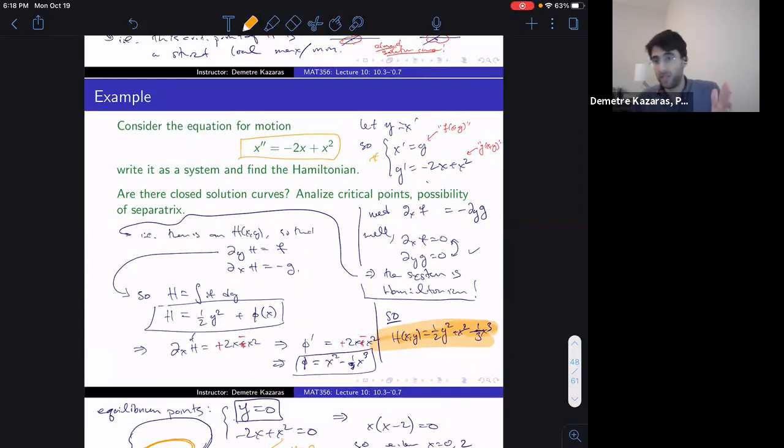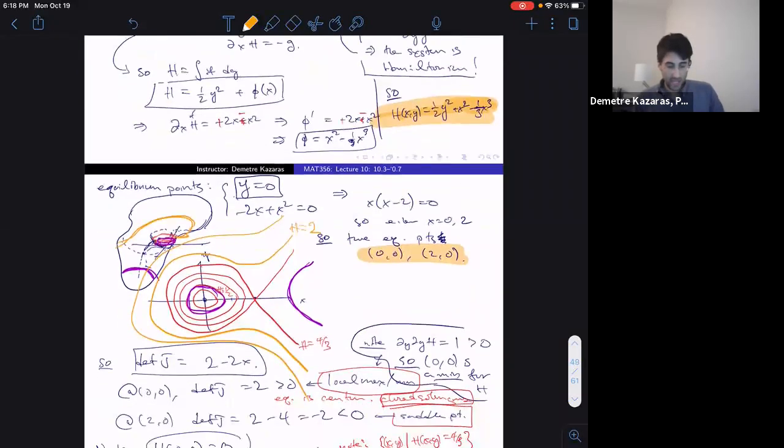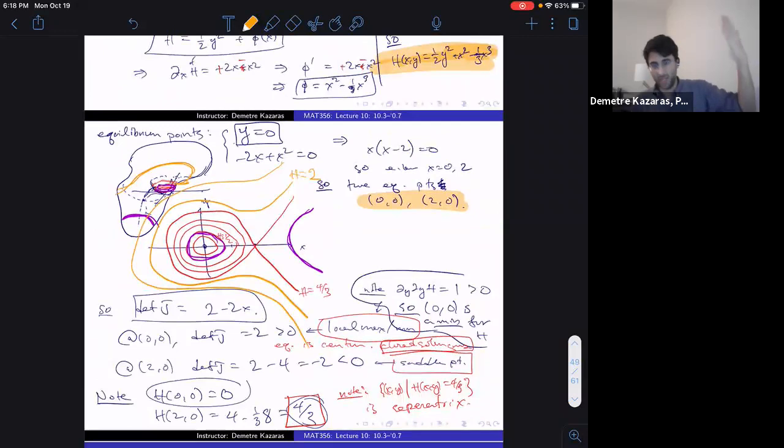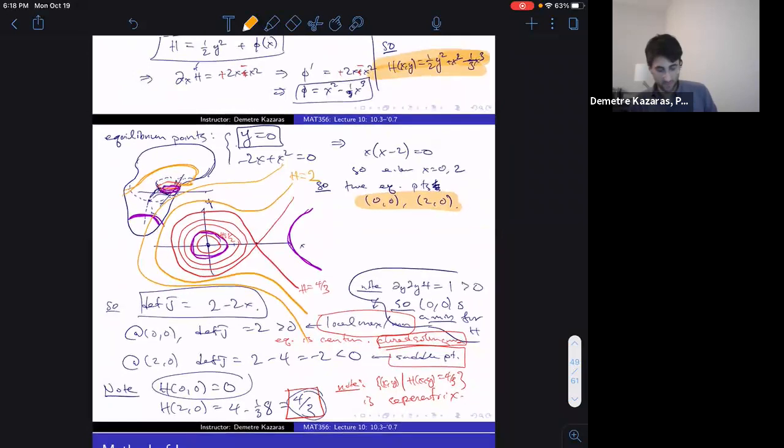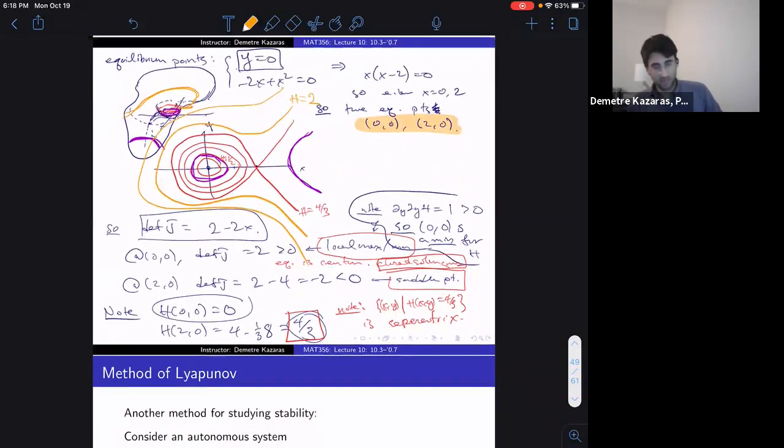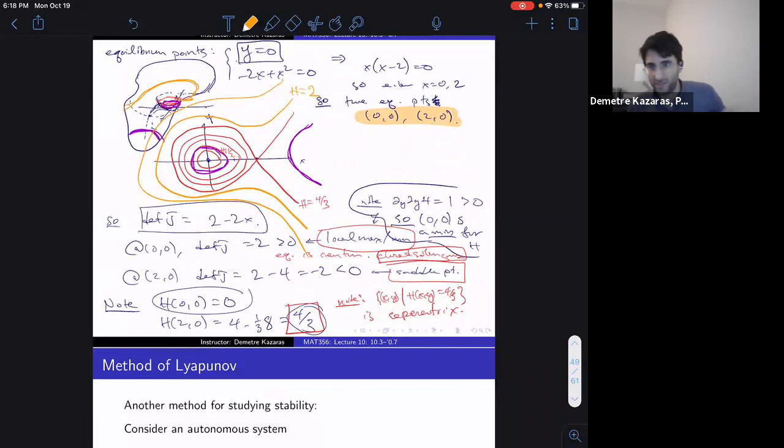Try and see if it's Hamiltonian, and if it is, then you have a very nice conserved quantity, and you can, in a straightforward way, classify critical points, and then describe whether or not you have closed solution curves, and talk about the different behaviors that solutions can have. We notice that generically there are only 2, these closed solution curves or these unbounded ones. That's a robust quantitative behavior of what is going on. Okay, so that's the technique.